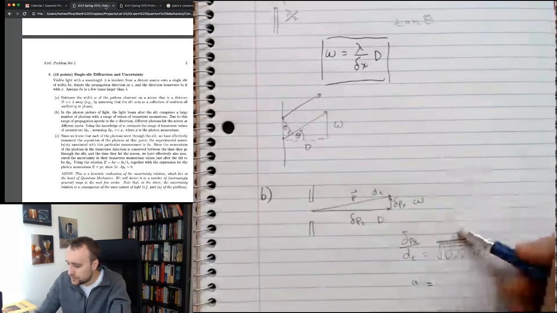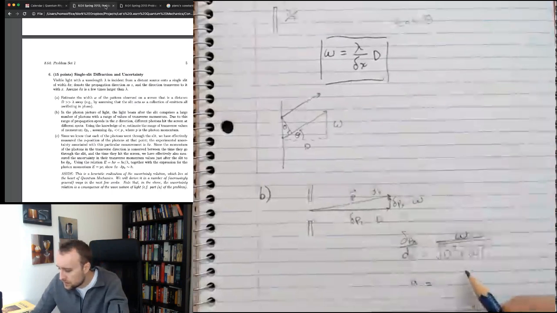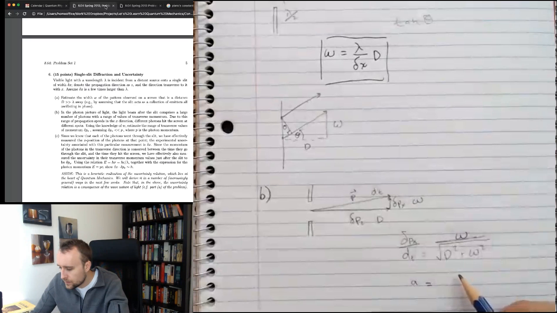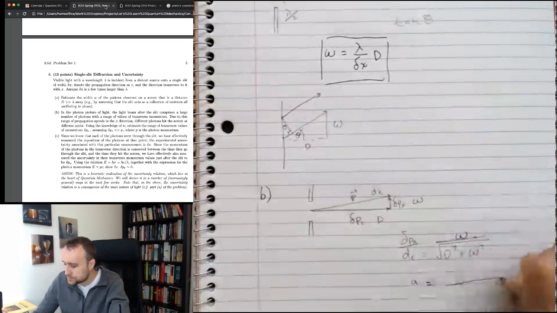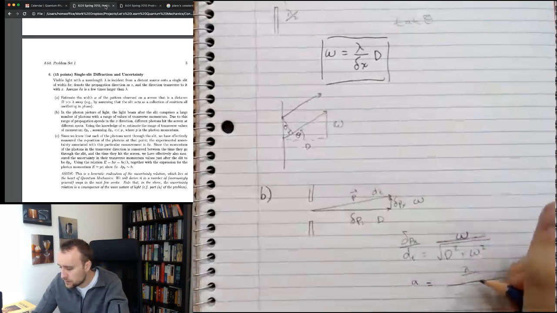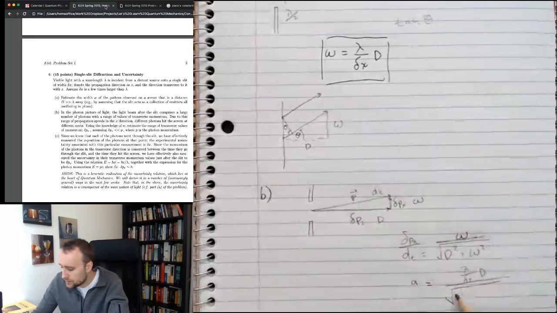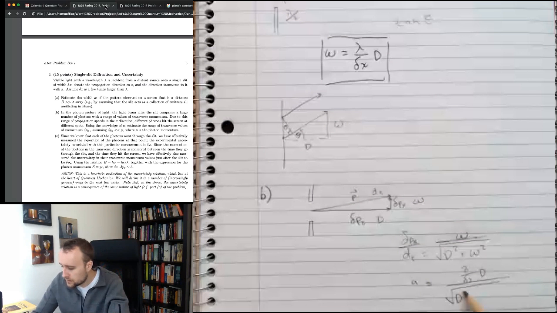And we know that this is the width. So we have the width is equal to lambda over dx, d times the square root of d squared plus lambda squared over dx squared, d squared.